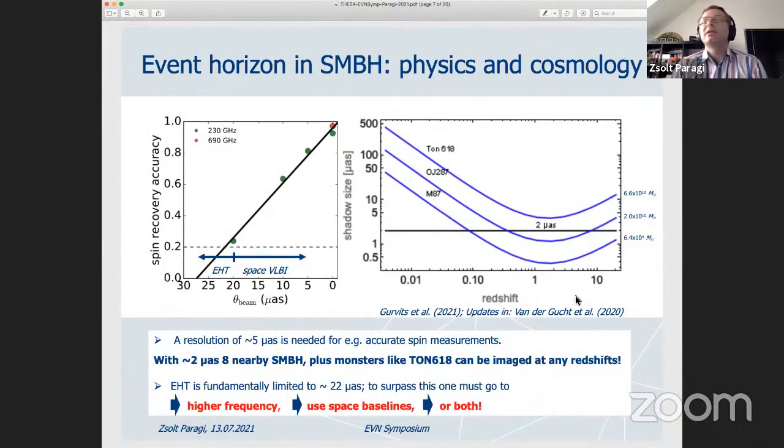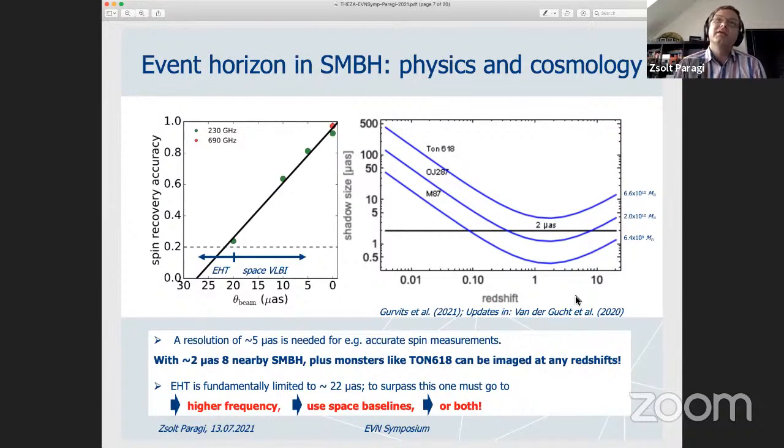Now, what is the resolution and fidelity we need? So the left figure shows you a study that investigated this, how accurately you can recover the spin of a black hole from certain measurements.